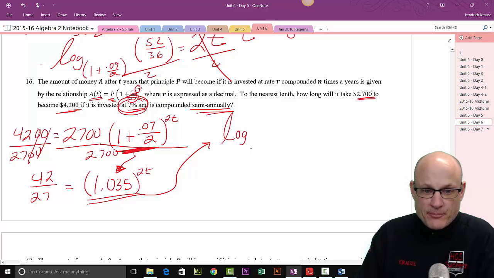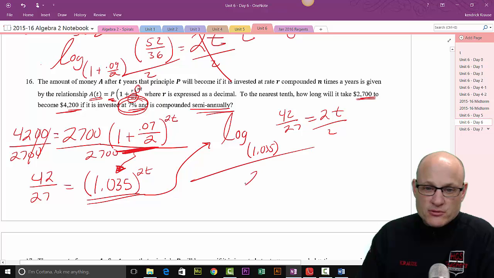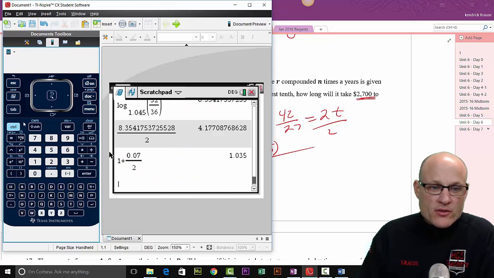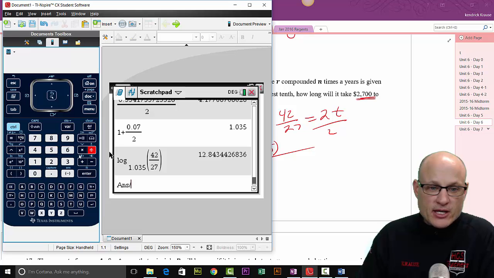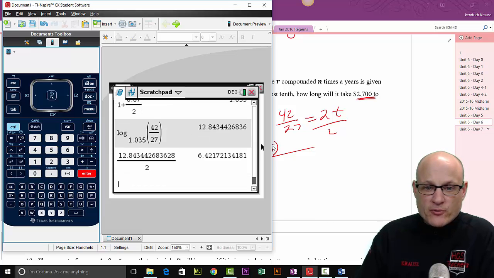So log of that base, 1.035, of 42 over 27. Don't give me that decimal, just leave it like that. Is equal to 2t. Divide by 2. So the log base 1.035 of 42 divided by 27 equals, and then divide that by 2, and I get 6.421 years.